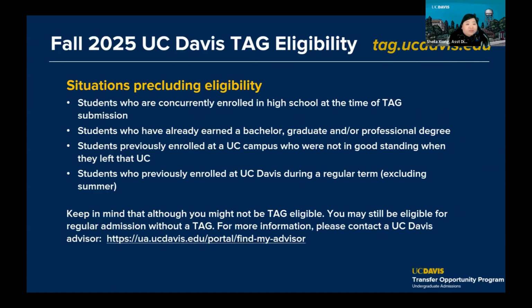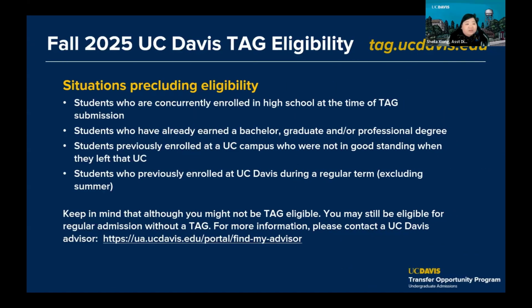All right. So if you are planning to TAG and you fall into one of these criteria, you won't be eligible to TAG. If you're currently concurrently enrolled as a high school student, you won't be able to TAG. If you already have a bachelor's, graduate, or professional degree, you won't be able to TAG. And if you were enrolled previously at a UC campus and left in bad standing, you won't be able to TAG.